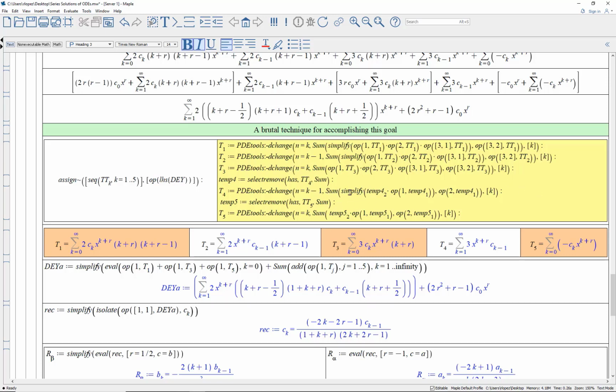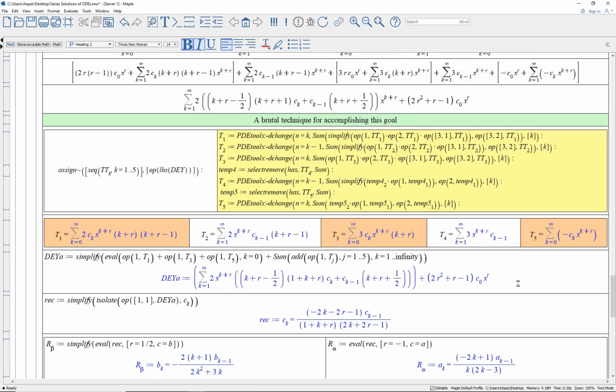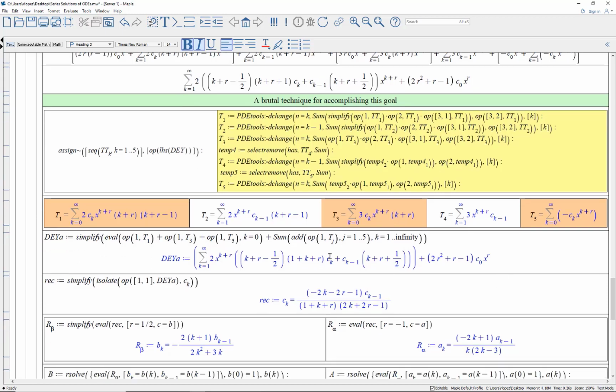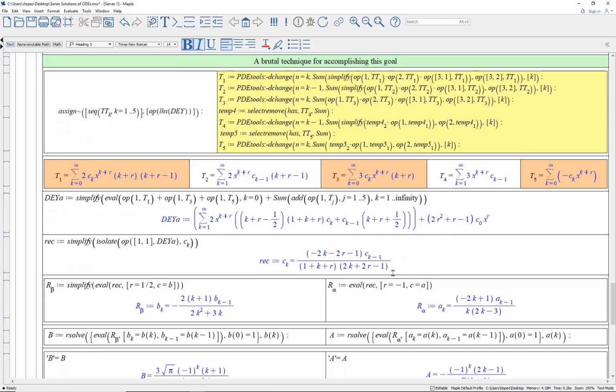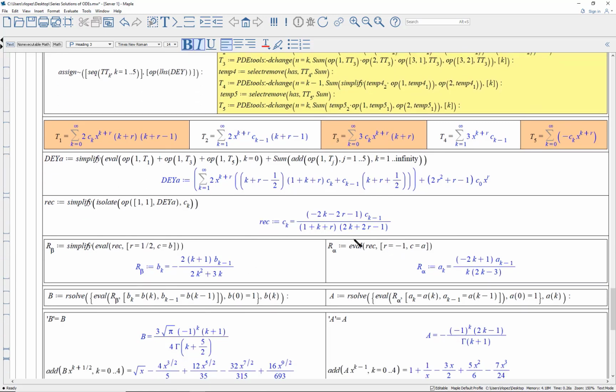Having done those manipulations in this most brutal, painful way, in a way that I would never subject students to, I now have the 5 terms in a form where I can combine the appropriate series, take out the appropriate piece, get the recursion part and the indicial part, and here I have solved for ck in terms of ck minus 1, which gives me then 2 recursions.